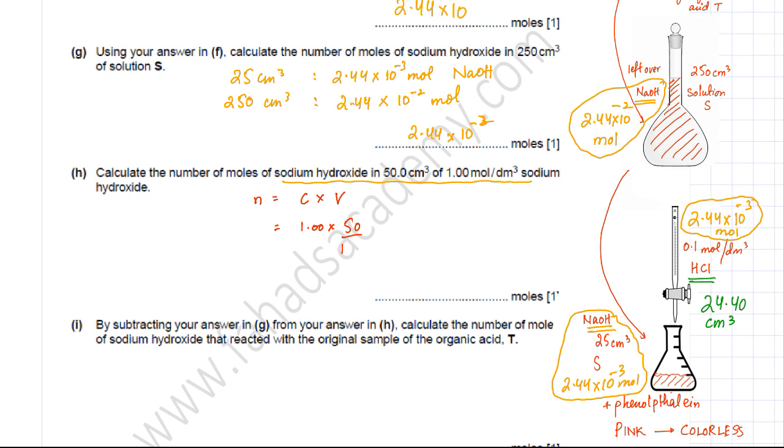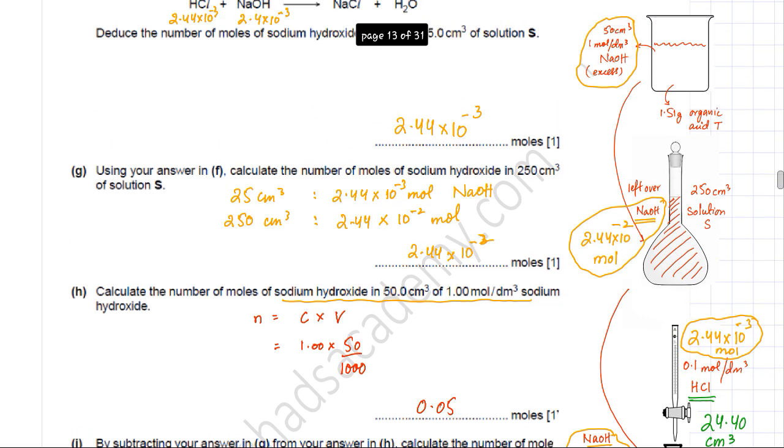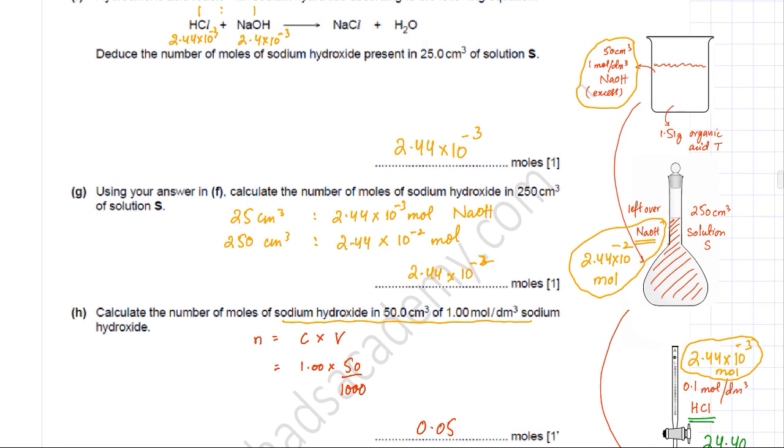That should be divided by 1000 and we will get moles. Using my calculator, it's 1 multiplied by 50 and then divided by 1000, and the answer is 0.05 moles.